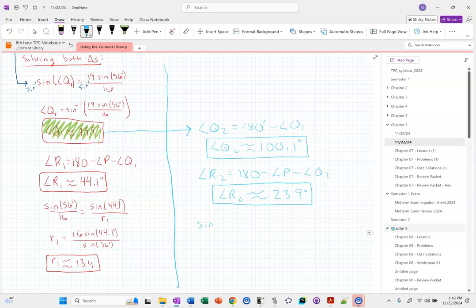I'll solve that the same way that I did in triangle 1, except I'm using angle R2 instead of angle R1.